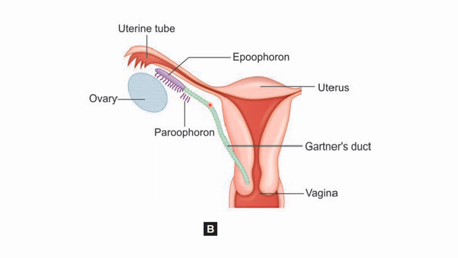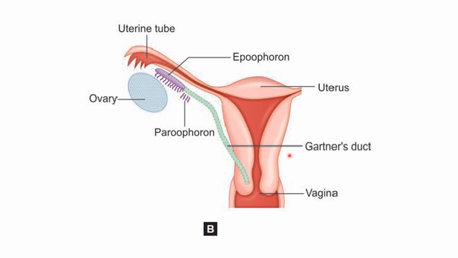It runs alongside the uterus and lower down becomes embedded in the wall of the cervix, but it never opens into the uterine lumen. That will get embedded in the wall, but it never opens. And that is the equivalent of the male ductus deferens, and in the female it is also known as Gartner's duct.